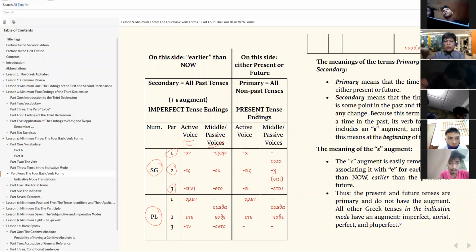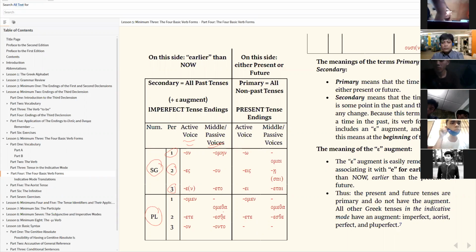Right, so for the primary endings, you have the active voice: o, is, ei. That's for the singular. And omen, ete, and there's no ending for the active voice right here; the ending is actually on the other side.